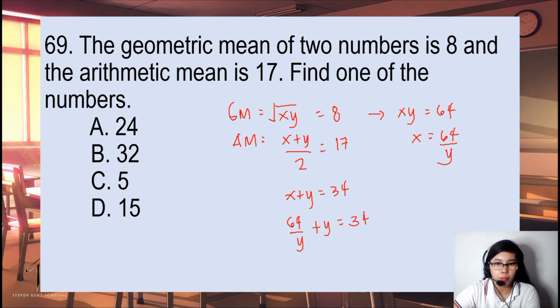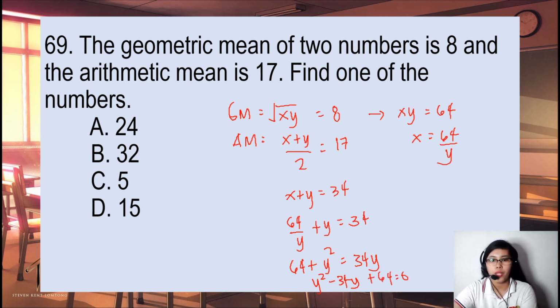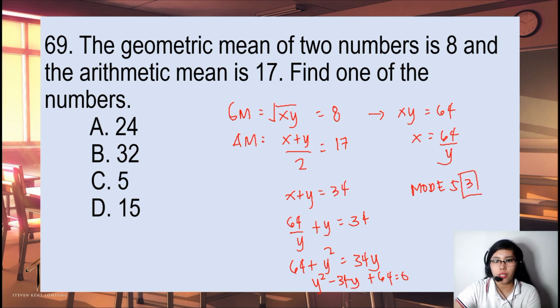Multiply both sides by y. So we'll have 64 plus y squared is equal to 34y. Y squared minus 34y plus 64 is equal to 0. And if you have a quadratic equation, actually you can use mode 5-3 in your calculator because it's for a quadratic equation.